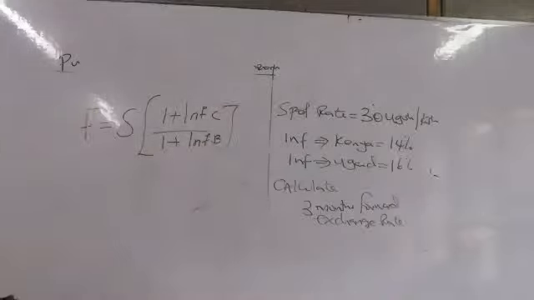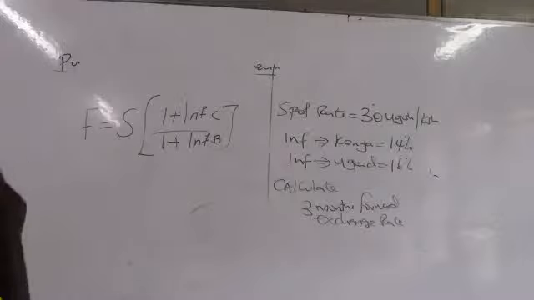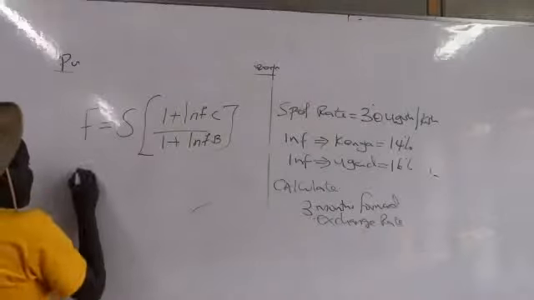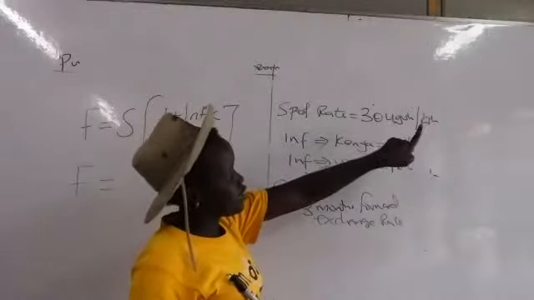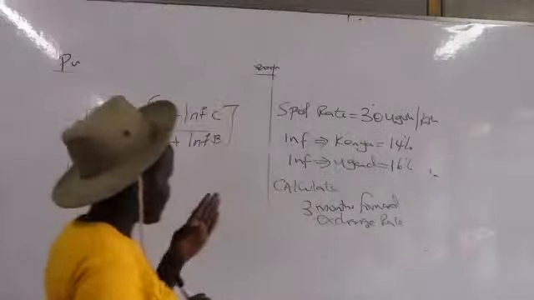The spot rate is 30 Ugandan shillings per 1 Kenya shilling.